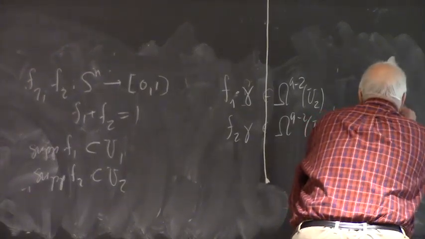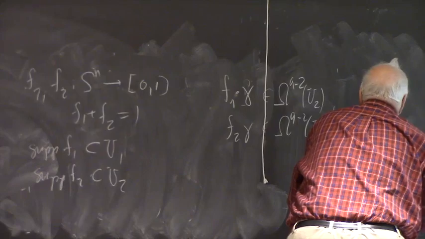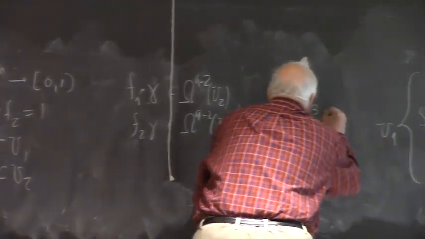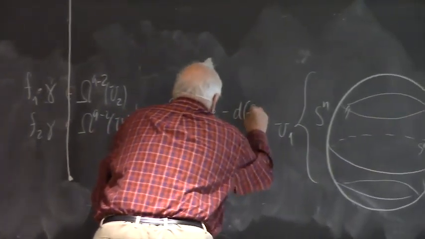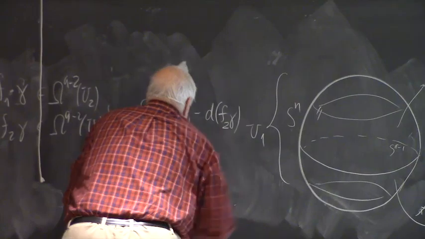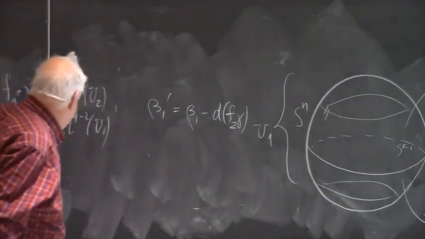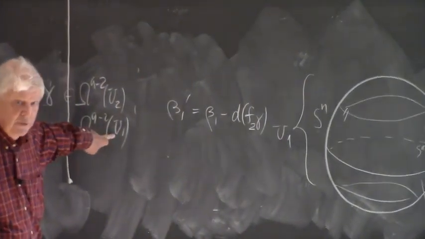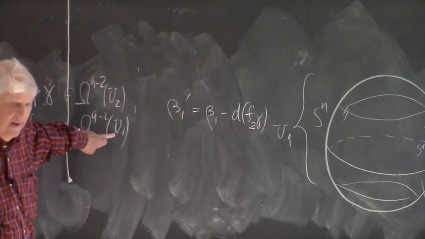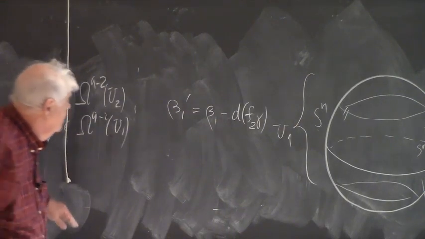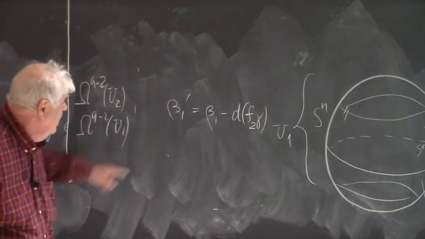Beta 1 prime is beta 1 minus the differential of this. This is in u1. So the differential also is a form in u1.